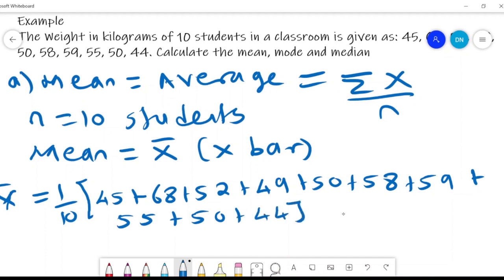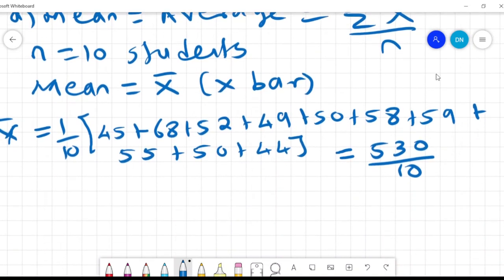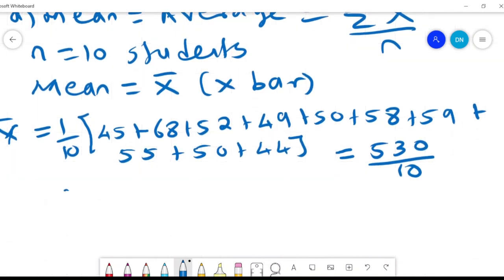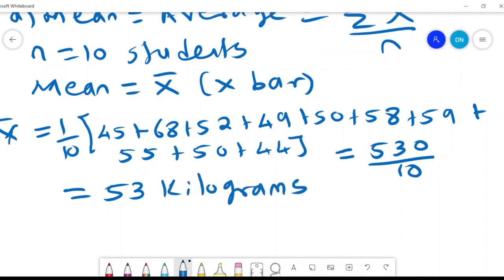We sum all those, and this is 530 divided by 10. That means the average or the mean weight is 53 kilograms.